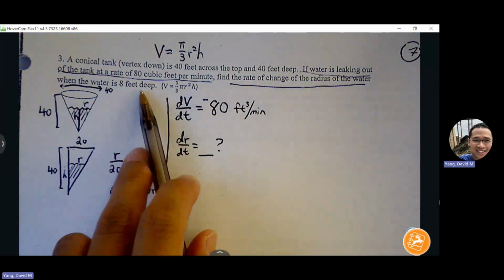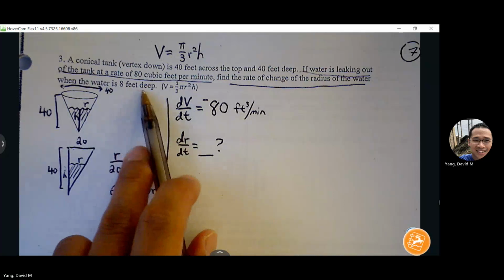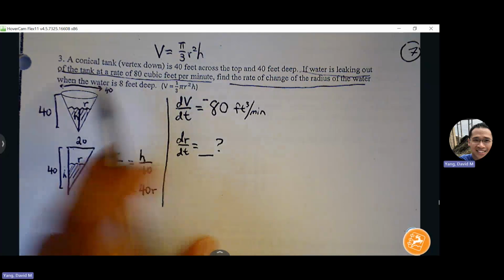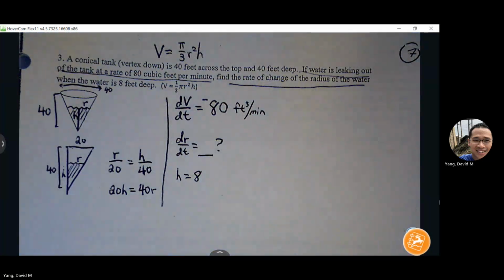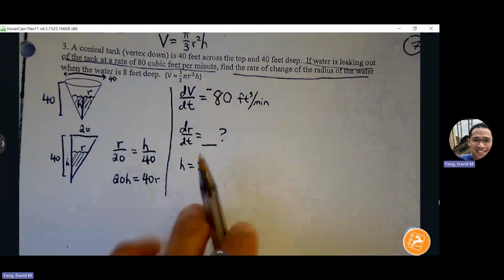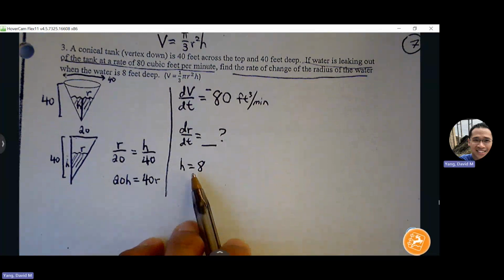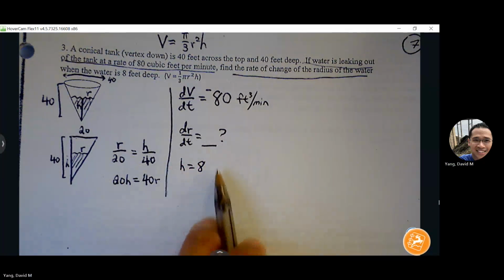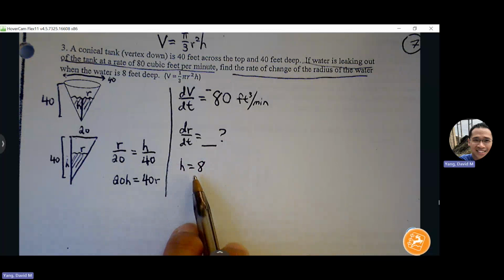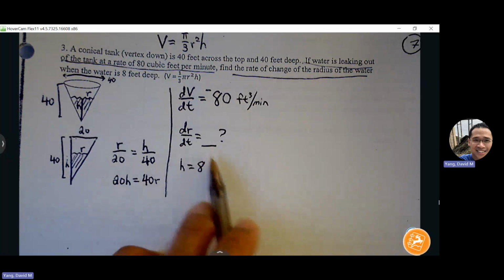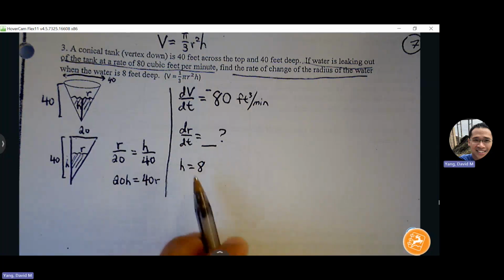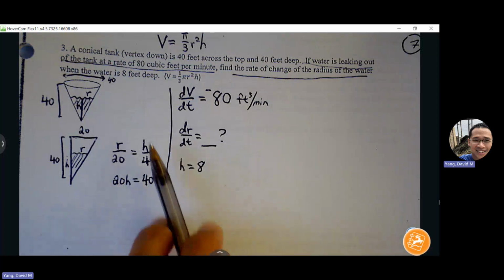When the water is 8 feet deep. Height. Now, is this height of the water level always staying at 8? It's always changing, right? 1 minute could be 7, next minute could be 6, then it could be 5, then 4. So what we want to be careful about is that we don't want to use this 8 too early.